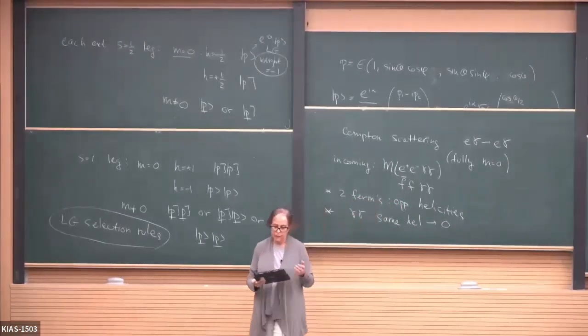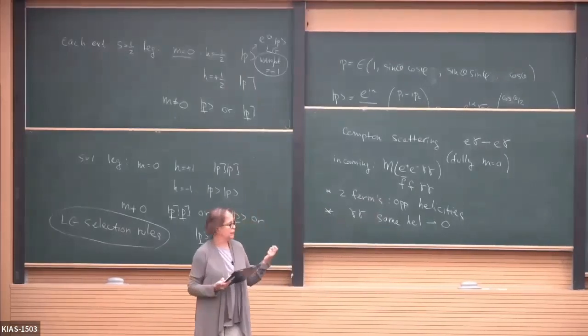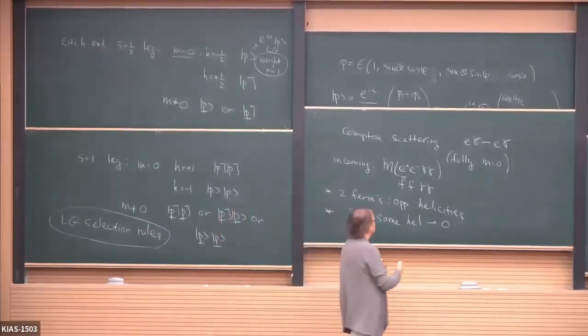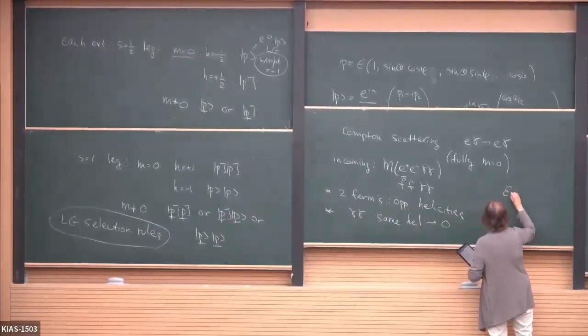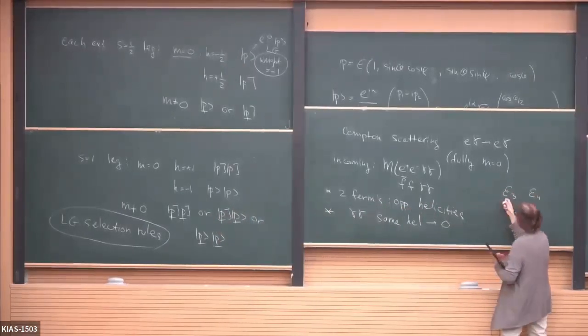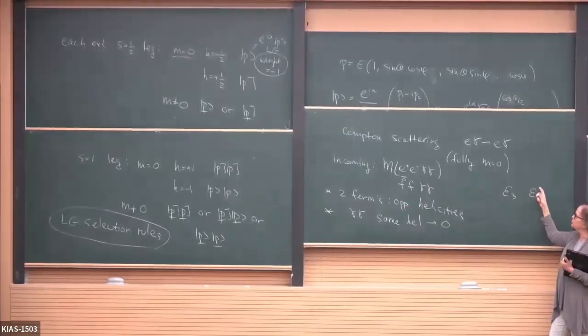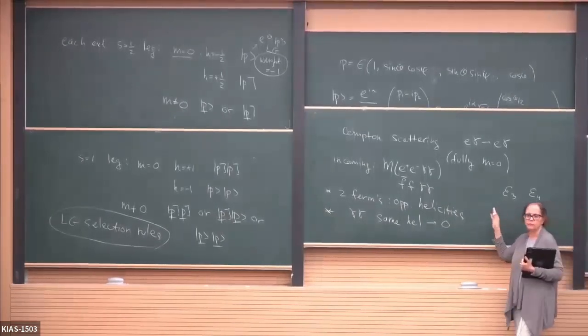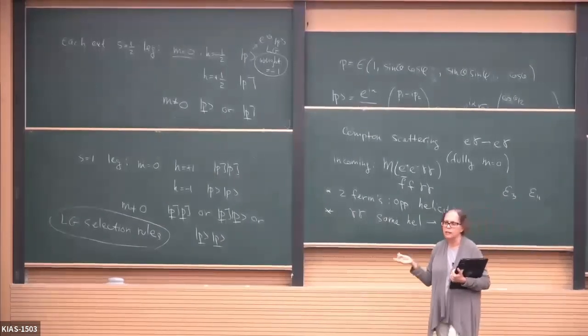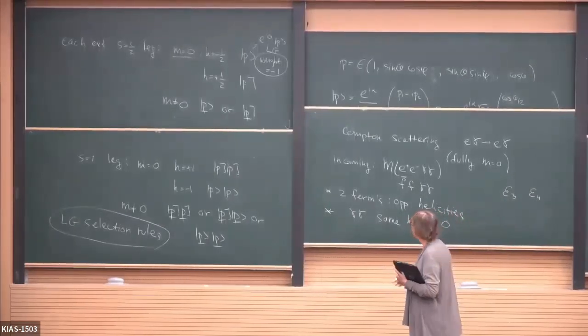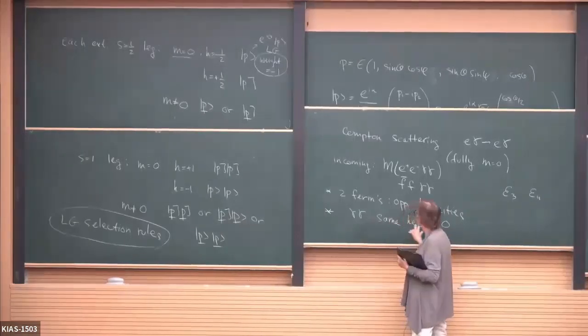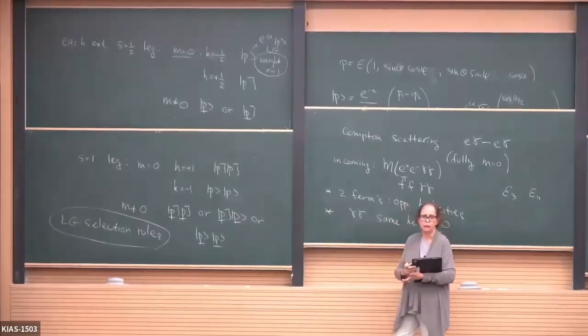Okay? The reason it's so immediate in this formalism is that, remember, when we write down the polarizations, we have a polarization epsilon 3 and a polarization epsilon 4 for the 2 photons. We can choose to write them in terms of reference momenta. And if we make a clever choice of the reference momenta, we can see that many things go away. In particular, you can see that the same helicity amplitude vanishes.